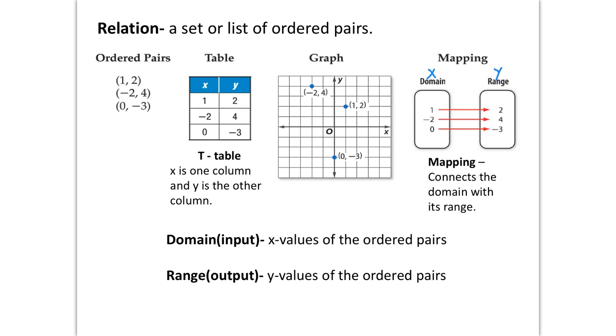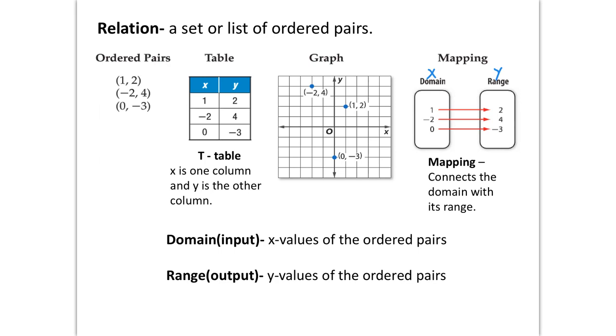Now, when you have numbers repeating in the ordered pairs, for example, let's say we have a 2, a 4, a -3, and the next number is 2 again, you don't have to write down 2 two times in your bubble mapping. You just write it down once. So any number that's repeating, even with the x values, if an x value is repeating, you don't have to write it down twice in the bubble. You just write it down once.